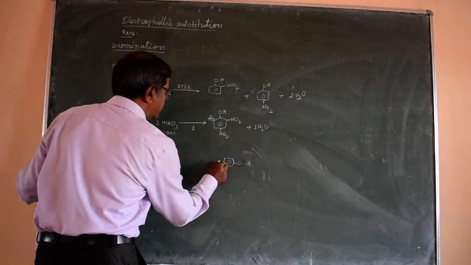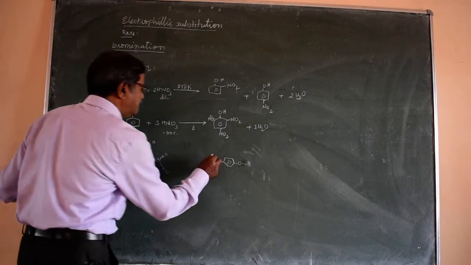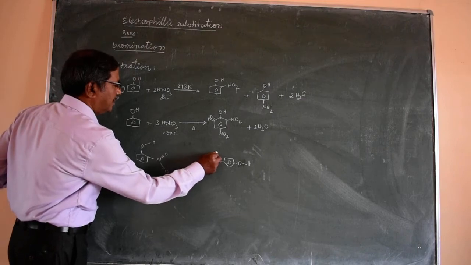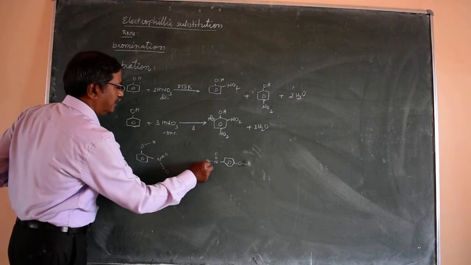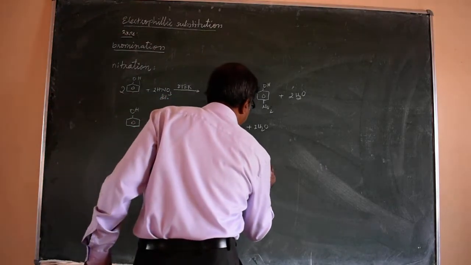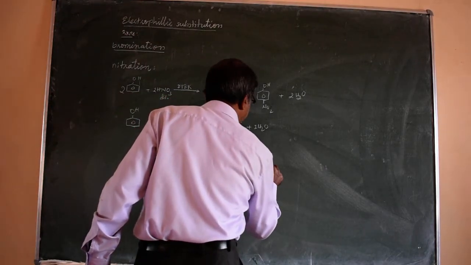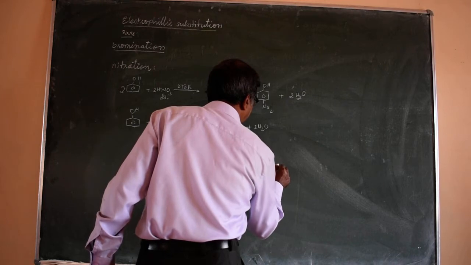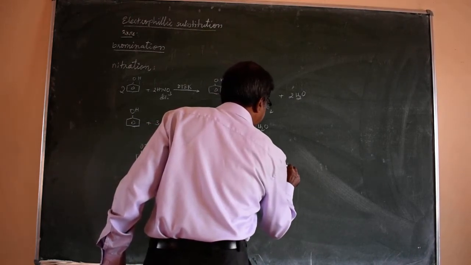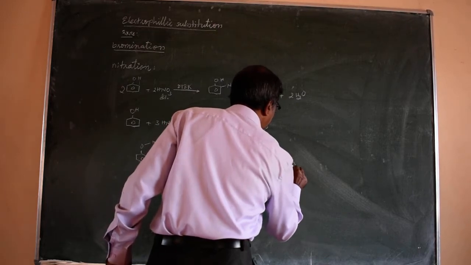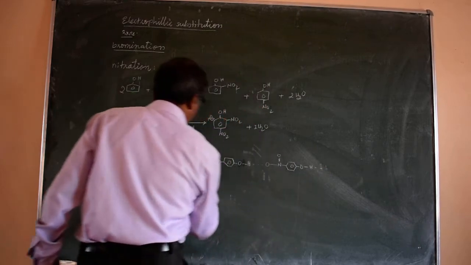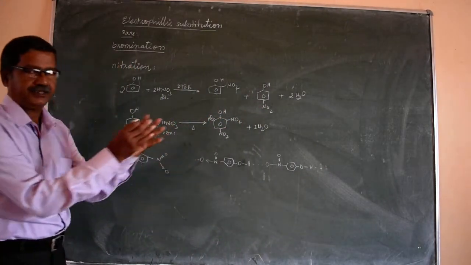intermolecular hydrogen bonding. What is the difference between intermolecular and intramolecular hydrogen bonding? In intermolecular hydrogen bonding, association of molecules takes place. For example, in para-nitrophenol, the molecules undergo association.